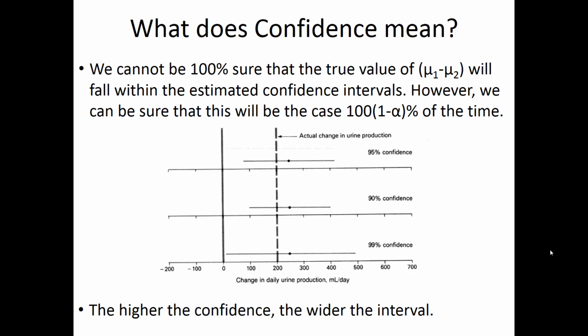We cannot be 100% sure that the true value of the population means, or the difference in their means, will fall within the estimated confidence intervals. However, we can be sure that this will be the case 100 times (1 minus alpha) percent of the time. Therefore, the higher the confidence, the wider our interval will be.